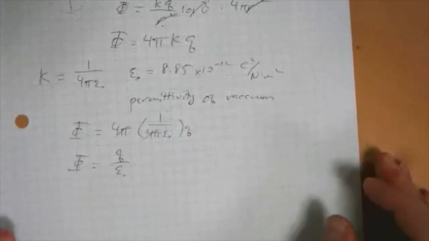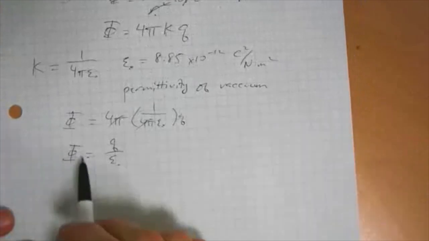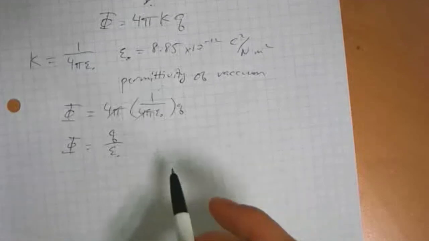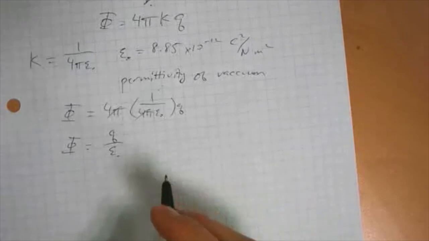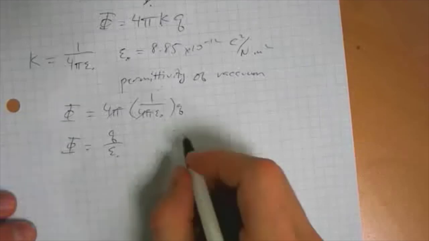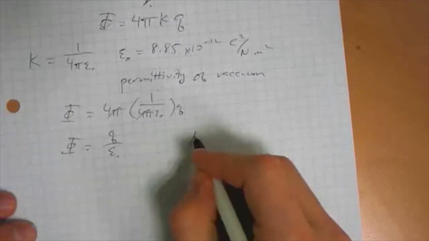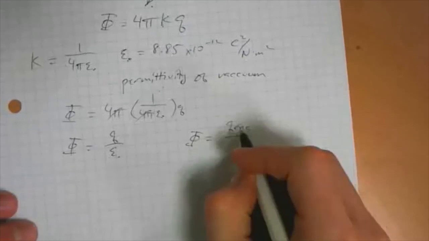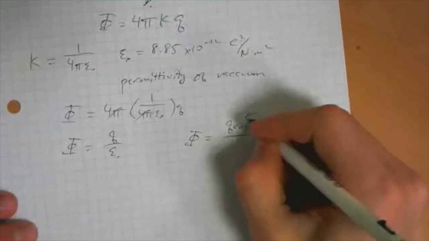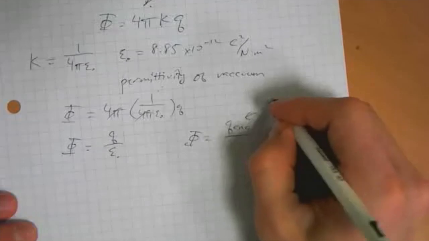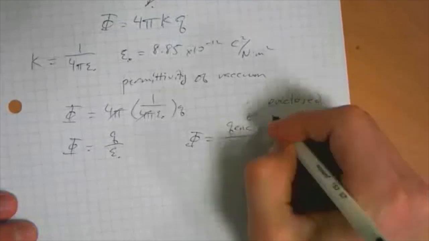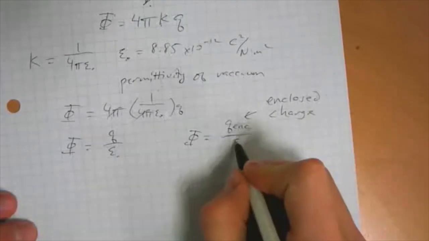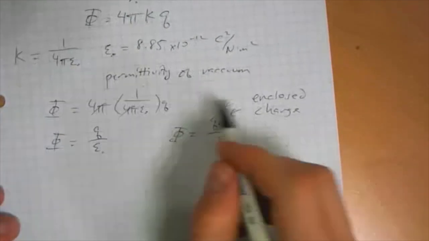Now, this is the result for a point charge, but it turns out that for any charge and any surface, the flux through that surface is equal to whatever charge is inside it, Q enclosed. Q enc stands for enclosed, so this is the enclosed charge, whatever charge is inside the surface, over epsilon naught. And this is Gauss's law.